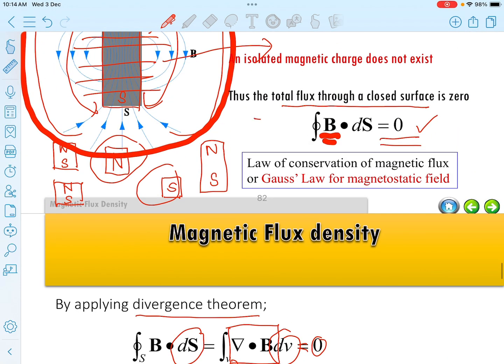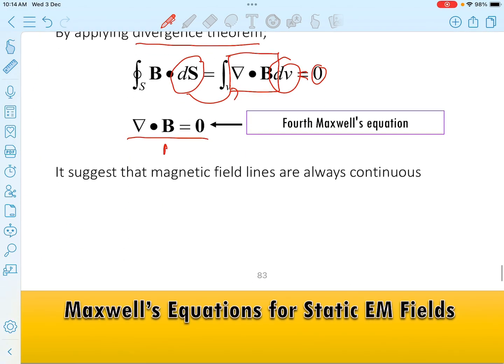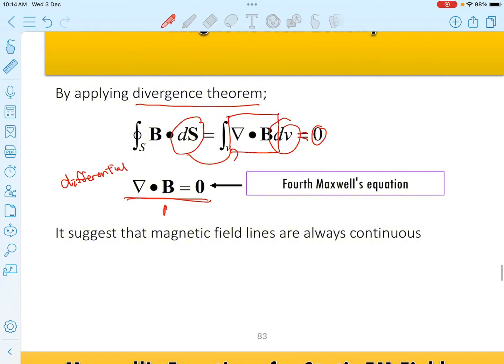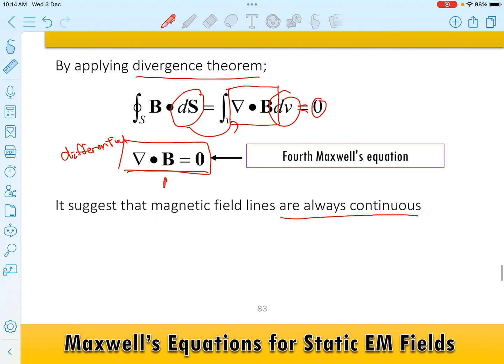This is the integral form, and this one is the differential form. They are the same thing. When we have this equation, we can say that the magnetic field lines are always continuous, starting from themselves and ending at themselves.